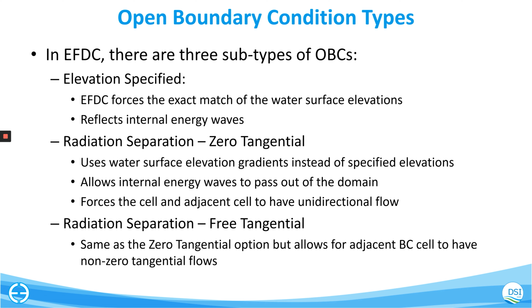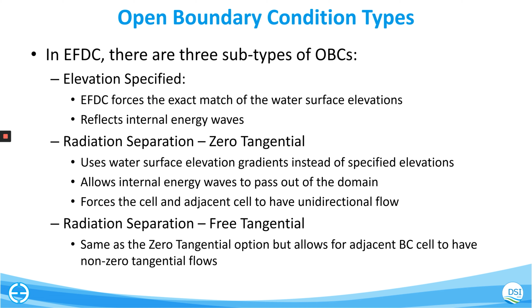Radiation separated, zero tangential, uses the water surface elevation gradient instead of a specified elevation. So it'll be looking at the gradient of the water surface elevation just upstream of the open boundary and trying to maintain that gradient through the open boundary.